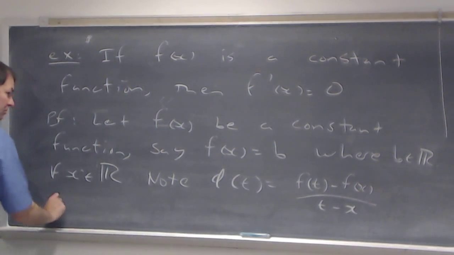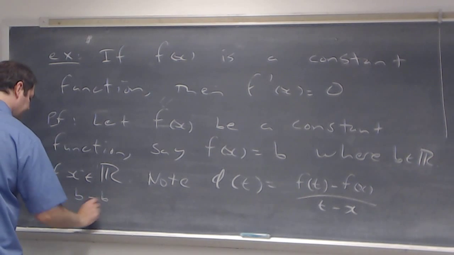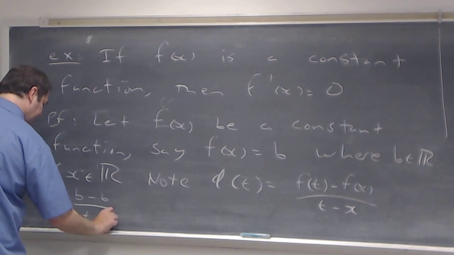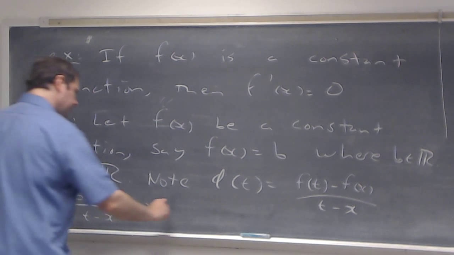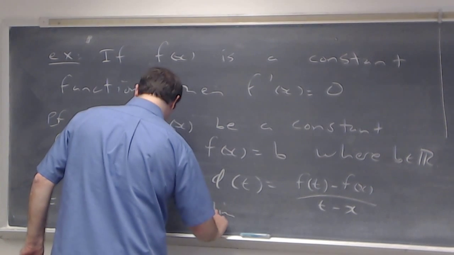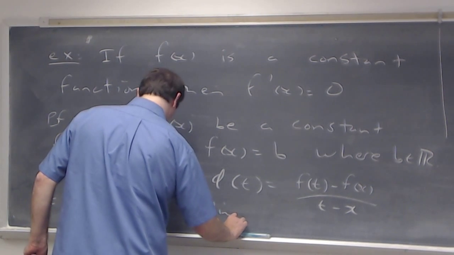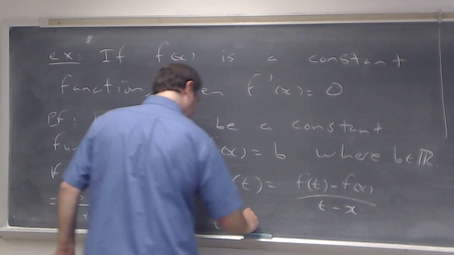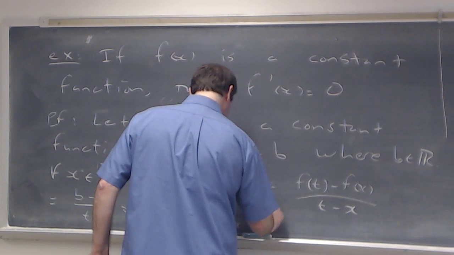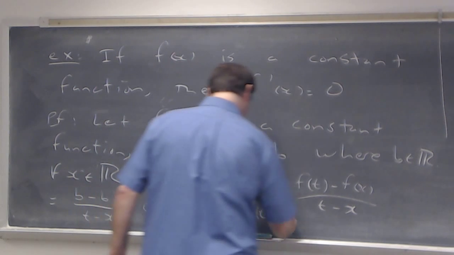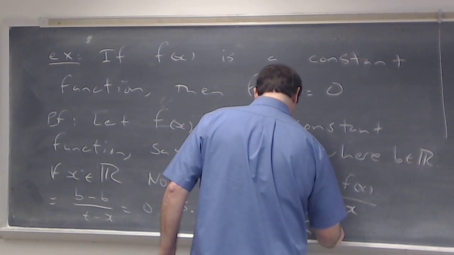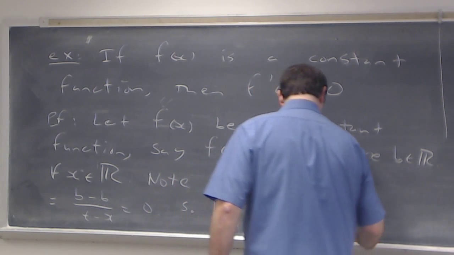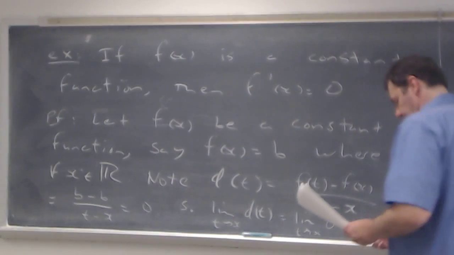But that's going to be equal to b minus b over t minus x, which equals 0. So the limit as t goes to x of phi of t is equal to the limit as t goes to x of 0, which is equal to 0.